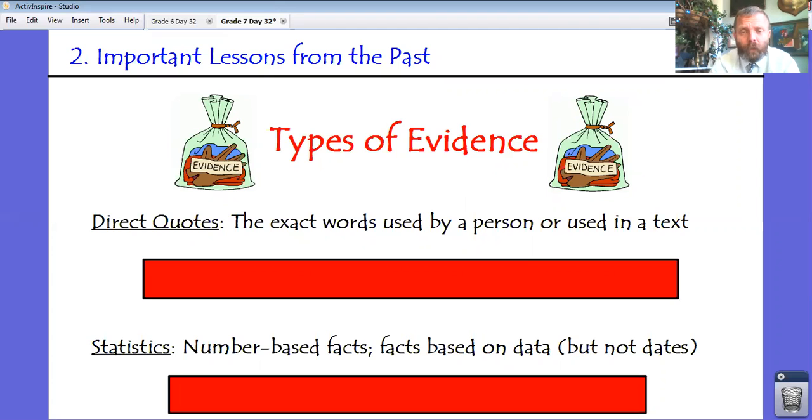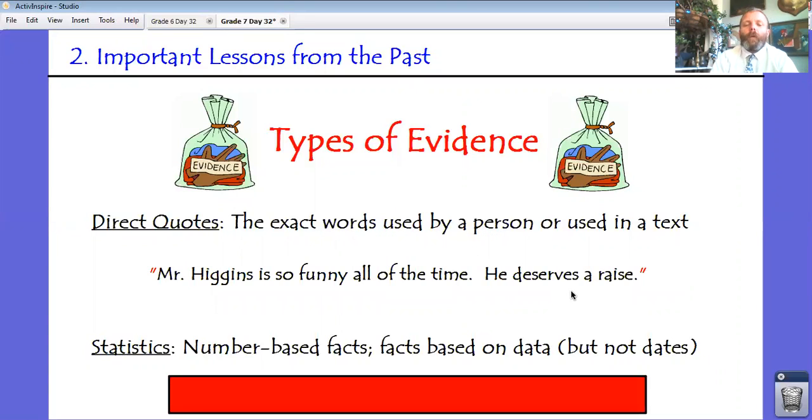And of course, when you're using a direct quote, you always put the words that are not yours in quotation marks. So for example, this is a quote I hear all the time: "Mr. Higgins is so funny all the time. He deserves a raise." I hear people saying that constantly, and it's true. It's a direct quote. That's a fact.